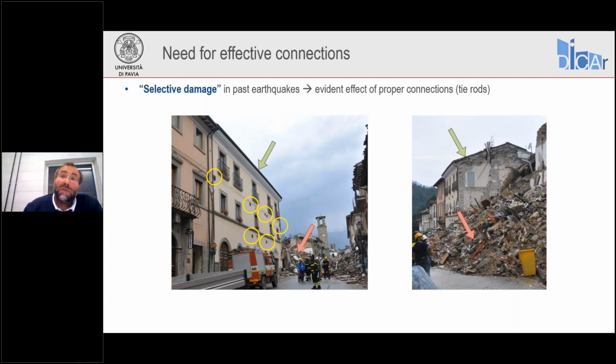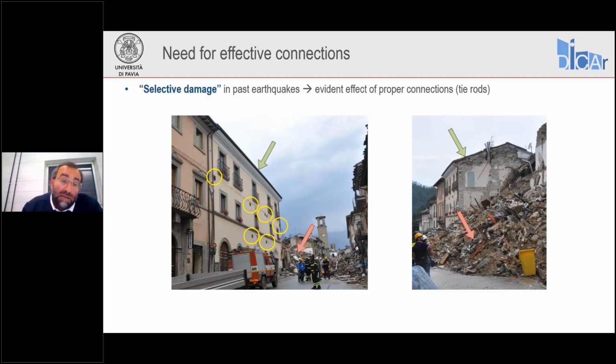The effectiveness of good and improved connections has been shown in many actual cases with real earthquakes. These photos were taken in Amatrice in Italy after the 2016 earthquake. We can see that the building pointed by the green arrow was equipped with tie rods, and it survived the earthquake pretty well.